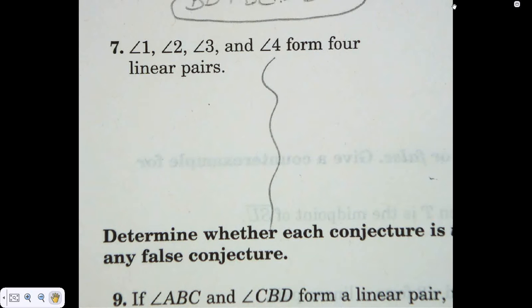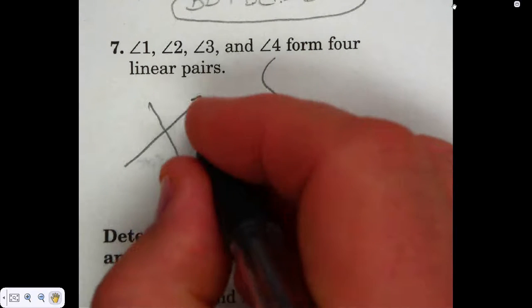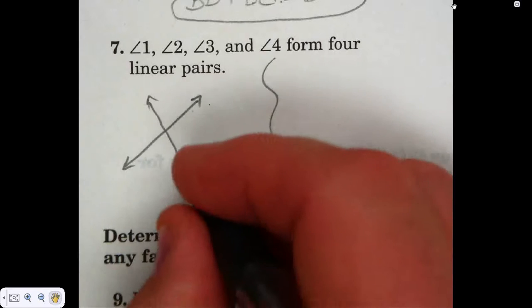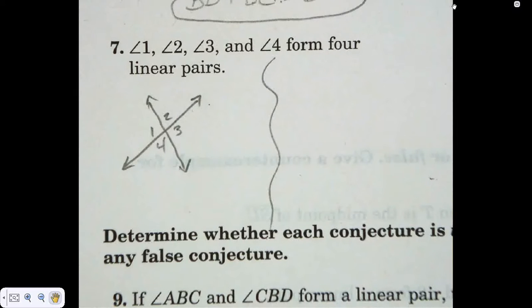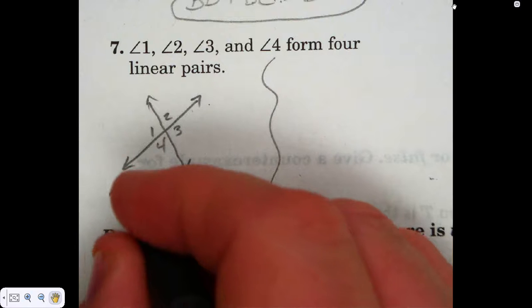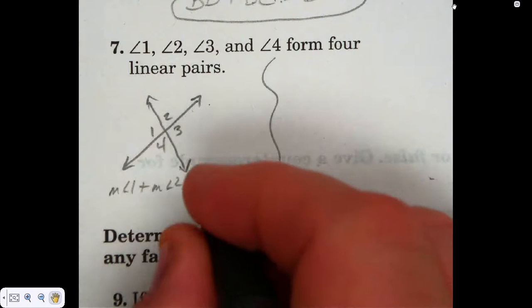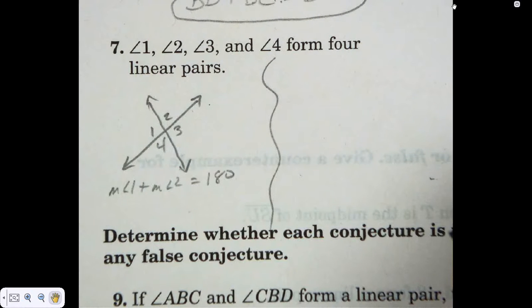When I see this, angles 1, 2, 3, and 4 form 4 linear pairs. To me, that means 4 sets of 2, correct? So to me, this is the situation you have here. Right?